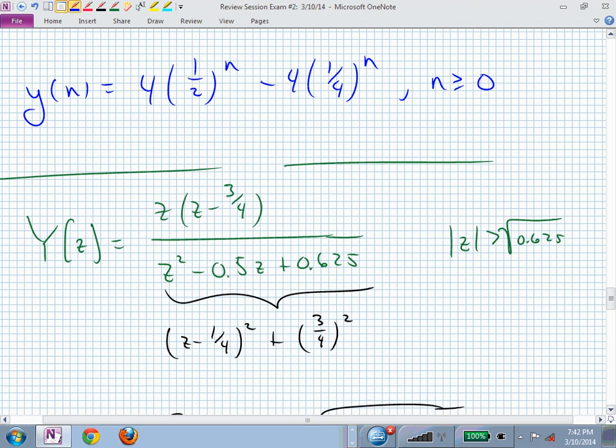Then it's an unbounded sinusoidal response, because we now have something less than 1 raised to negative powers, which will go unbounded. It will just change the time index. It'll make your n's negative. So we need to know not only the expression for y, but the region of convergence to tell whether the indices are negative, positive, etc. So we need two pieces of information: the transform and the region of convergence.